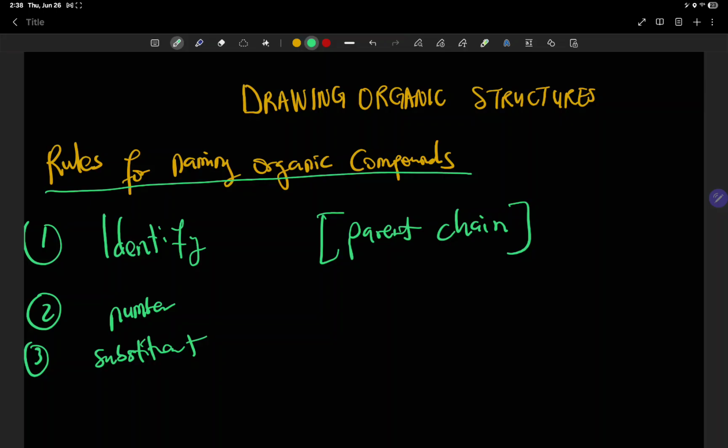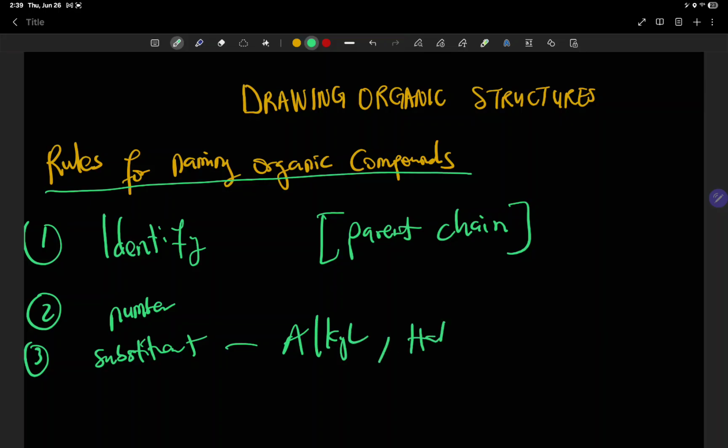The substituents will make it branched. The substituents can be methyl groups. Sometimes they can also be alkyl groups, alkyl substituents.